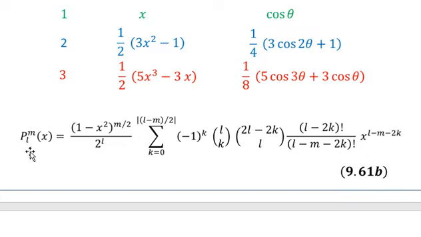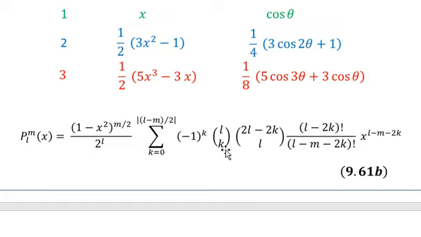So here you can see that I have PLM as a function of x, which is equal to 1 minus x squared raised to power m by 2 divided by 2 raised to power L, and then you have the summation going from k is equal to 0 to the floor of (L minus M) divided by 2, and the argument of this summation contains minus 1 raised to power k.